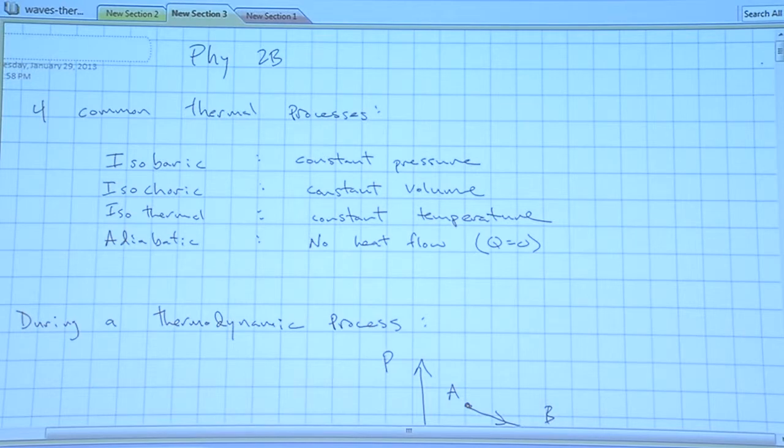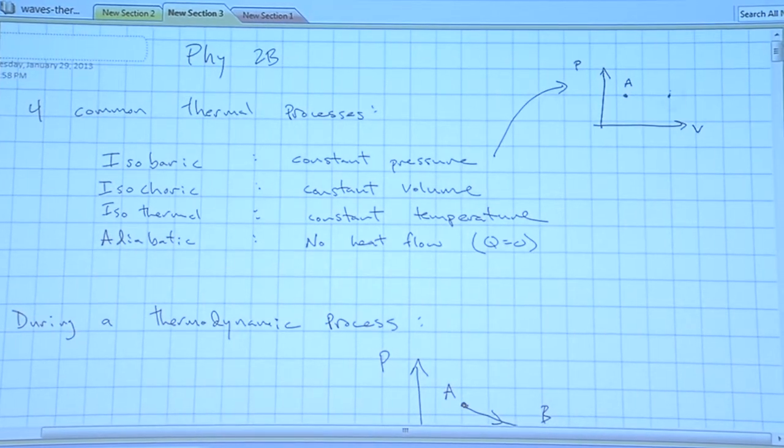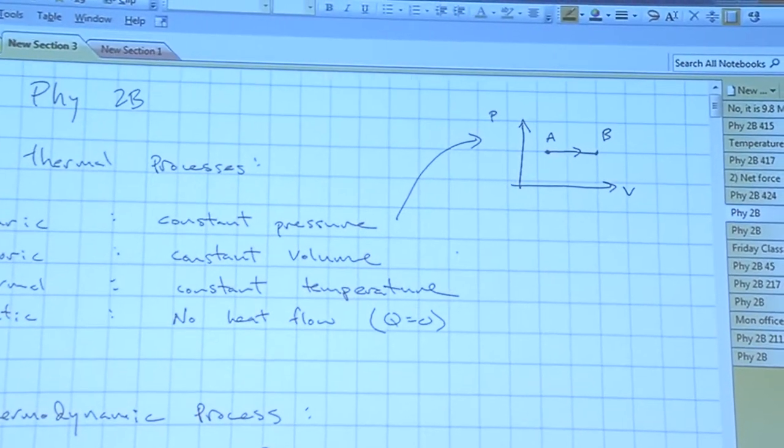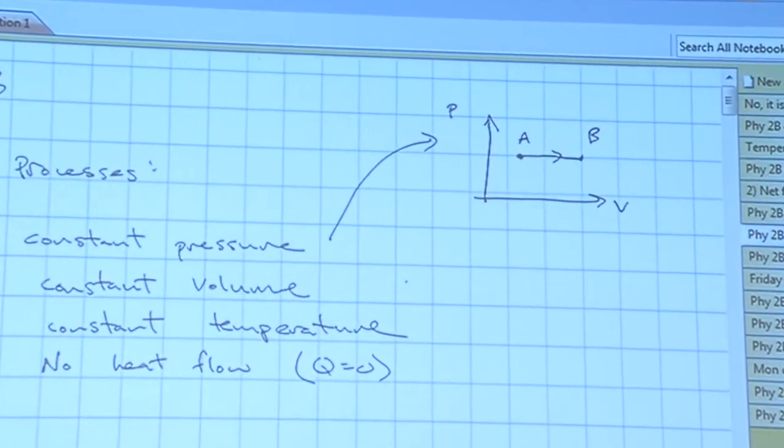For the constant pressure process, what would that look like? If we were moving on a PV diagram from point A to point B at constant pressure, it would look something like that. Right? The pressure is not changing.